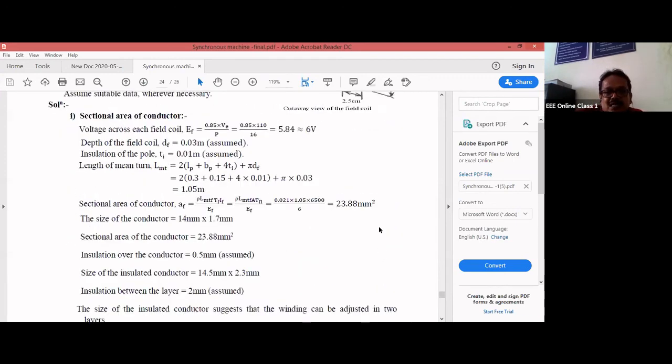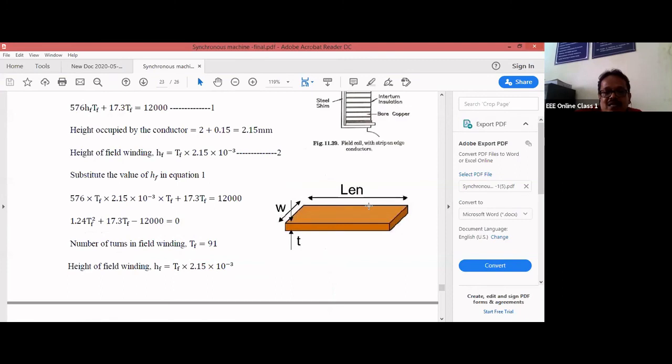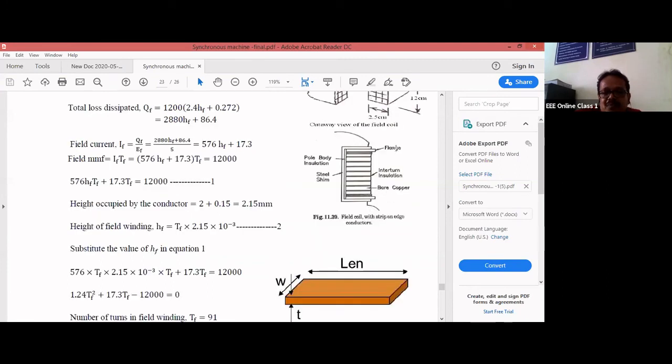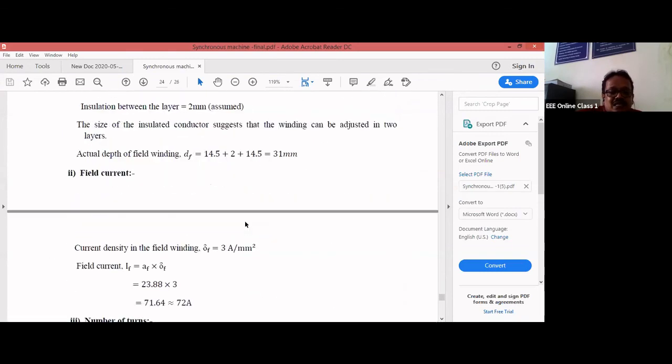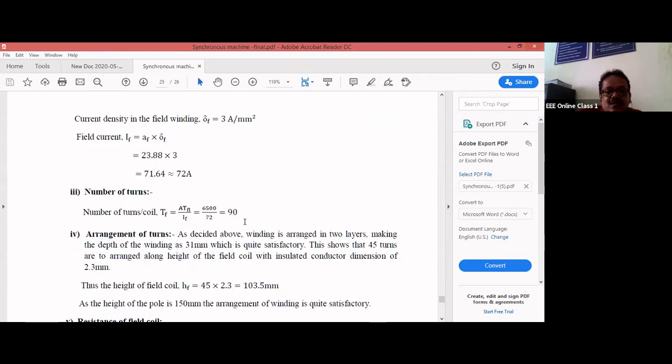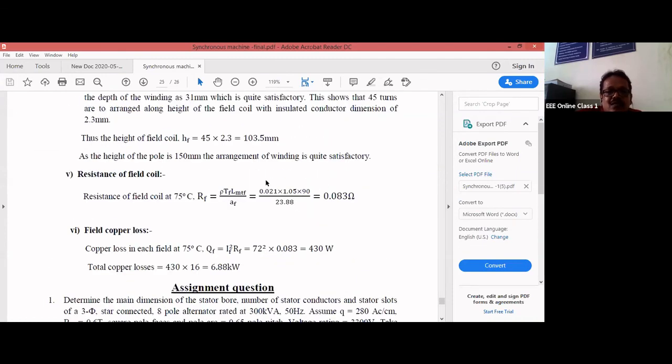You can minus the pole shoe, you can minus this flange, you can minus this spool. All those things you can minus. The remaining will be around 103.5 mm, only for the height of the field coil.